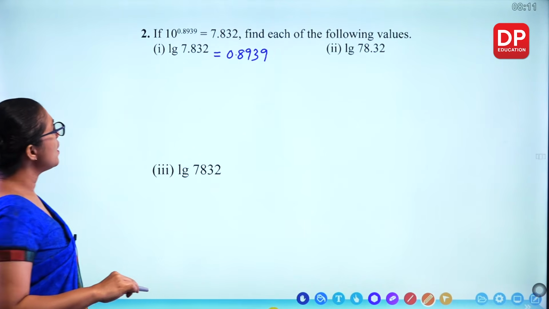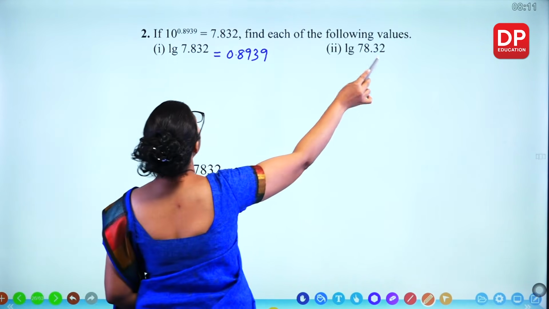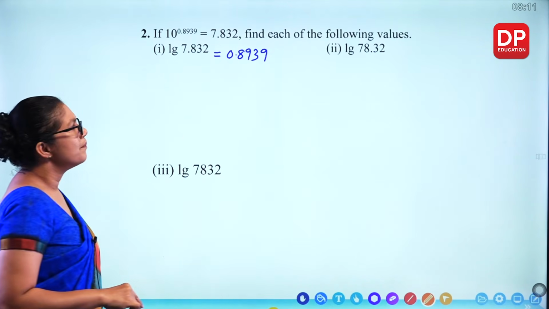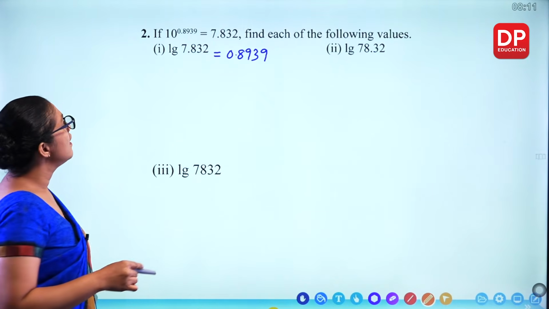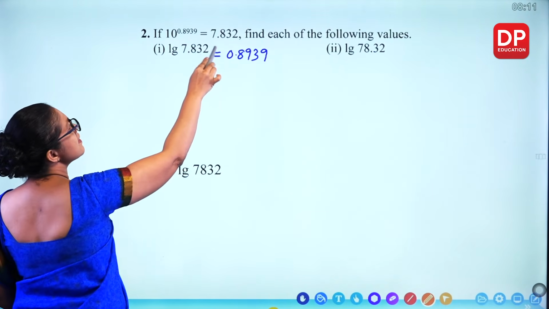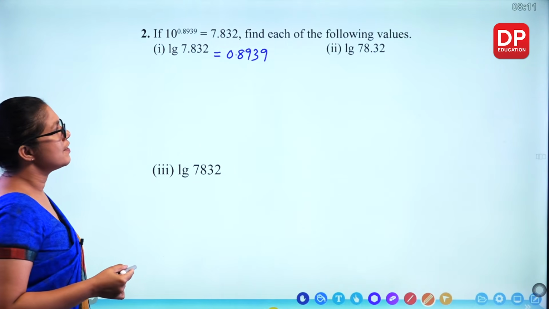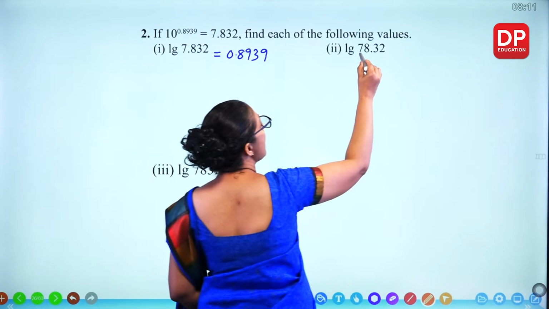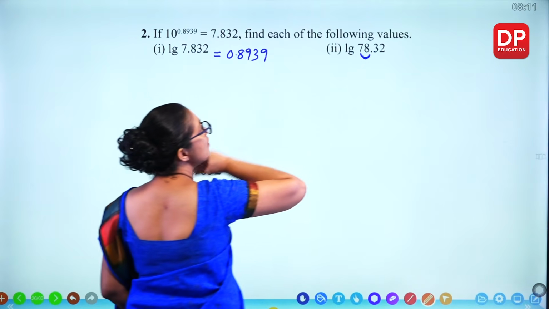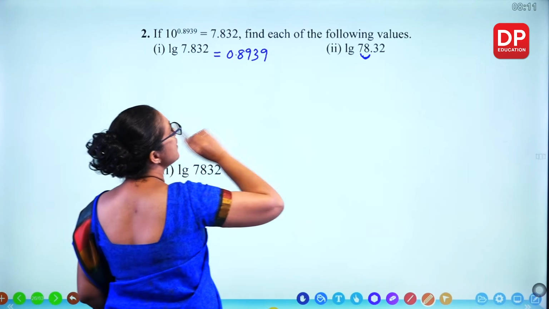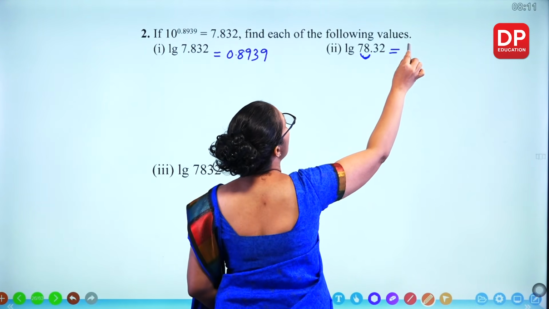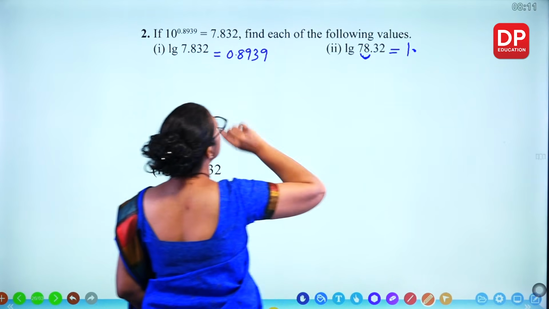Now look at this one. 7832. Same value, but earlier this is 7.8, now 78.32. That means what's the characteristic? Here you need to put 1. You get 1 point.